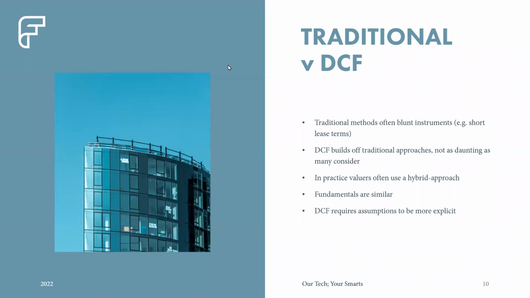The difference really arises from how specific you are about those future events and future costs. Whereas the traditional approach is often slightly more implicit, becoming more explicit as you look at hybrid approaches, the DCF requires you to be much more explicit about all of those things.